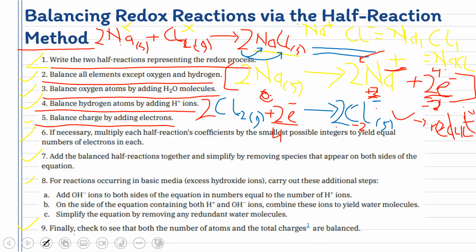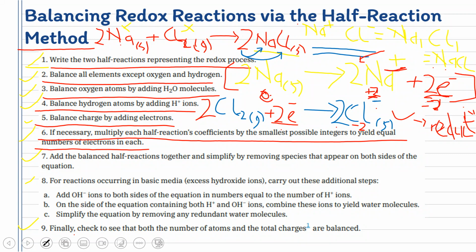That's if it was necessary. In this case, it's not necessary, so we don't have to do it, because they are already equal. There are two electrons, two electrons. So that would have satisfied step 6, but in this case we don't need to do that.